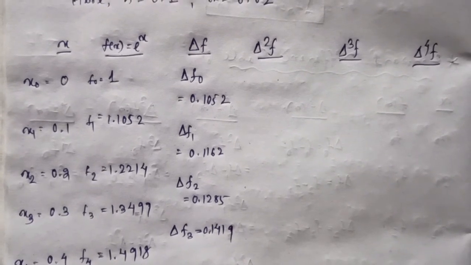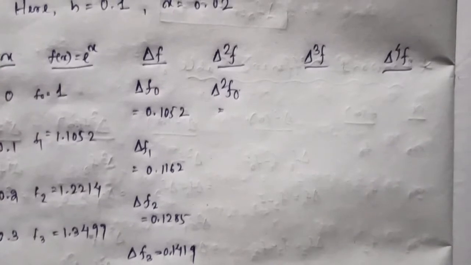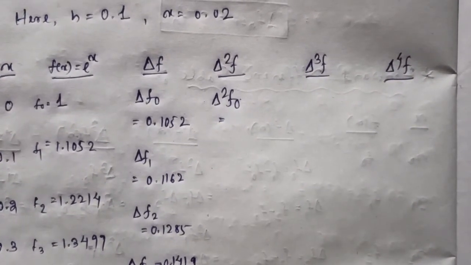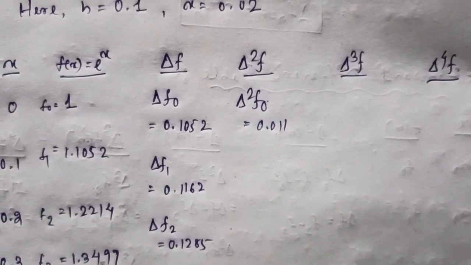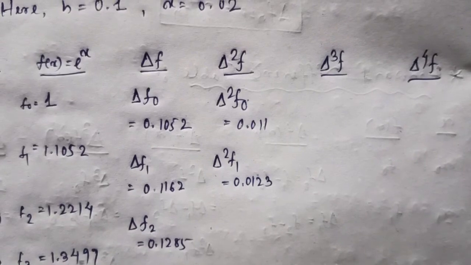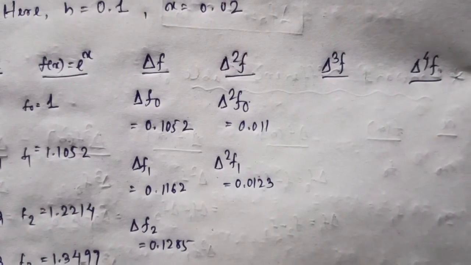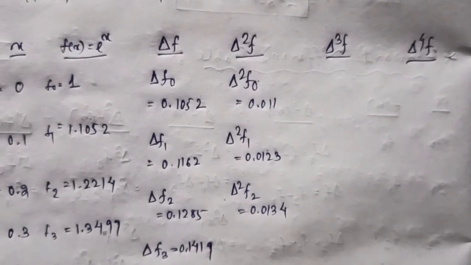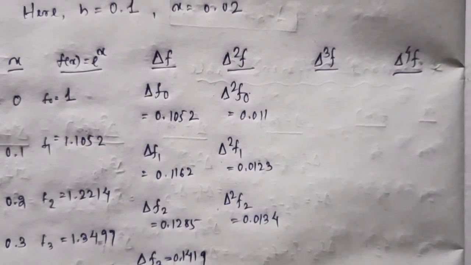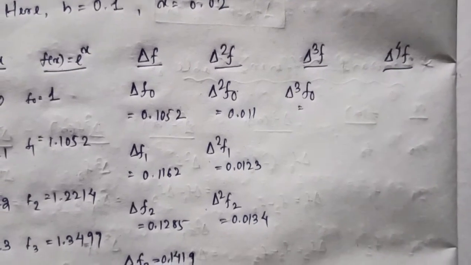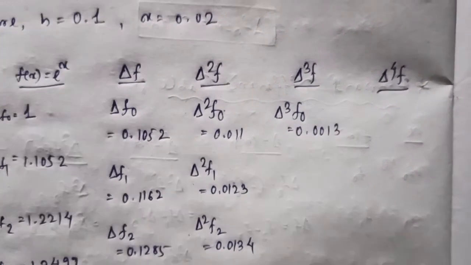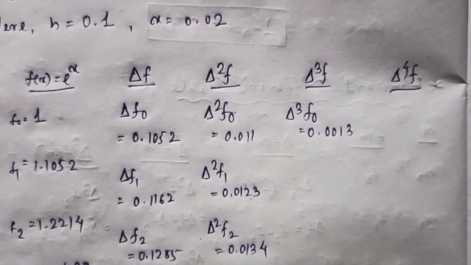Next delta square f table. First find out delta square f0, that is delta f1 minus delta f0, that is equals to 0.011. Then similarly delta square f1, that is 0.0123 and delta square f2, that is 0.0134. Next delta cube f column. First delta cube f0, that is delta square f1 minus delta square f0, that is equals to 0.0013.